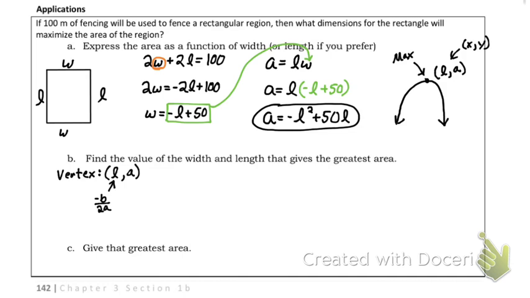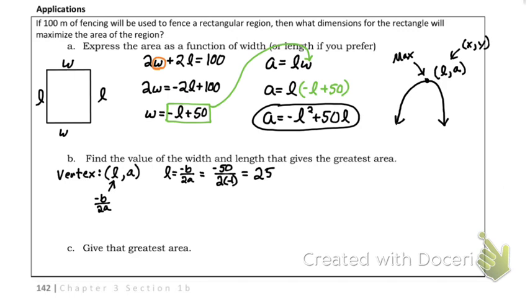So L is going to equal negative B over 2A. Noting our B value, because that comes from that negative L squared plus 50L, our B is going to be 50, so it would be negative 50, divided by 2A. Our A value is actually that negative 1, so that'll be 2 times a negative 1, which is going to result in negative 50 divided by a negative 2 is going to be a positive 25.